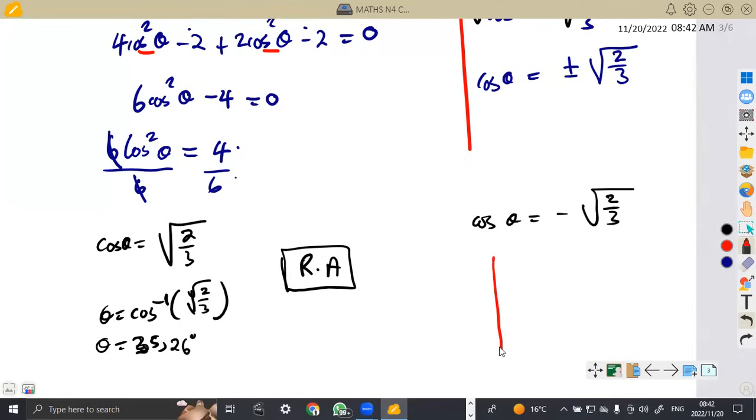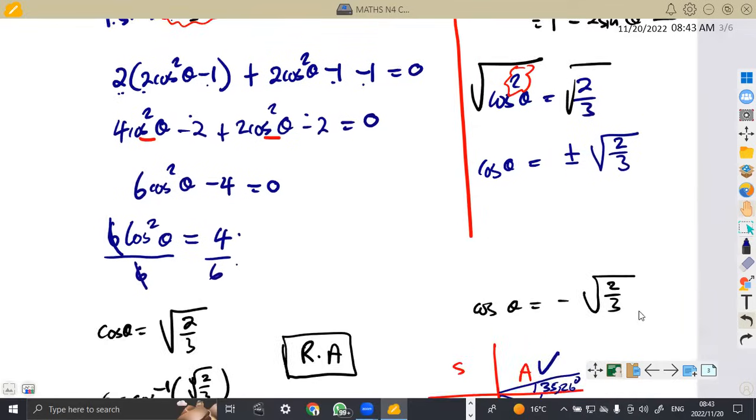From the positive, we all understand, all students take calculus, cos is positive here and also in this quadrant. So this is where our cos is positive. There are two ways that we are going to have in this. In the first quadrant, it is going to remain as it is, which is 35.26 degrees. In this quadrant, it is going to be minus 35.26.